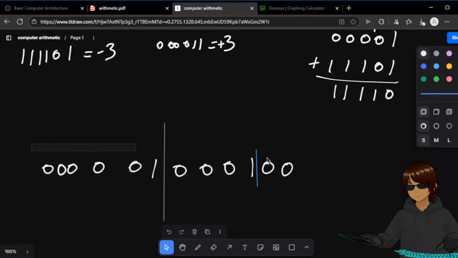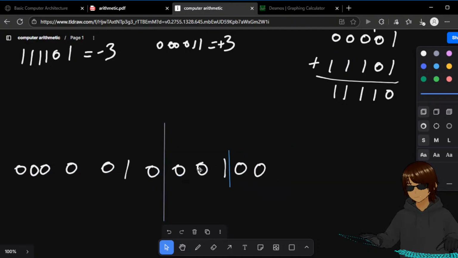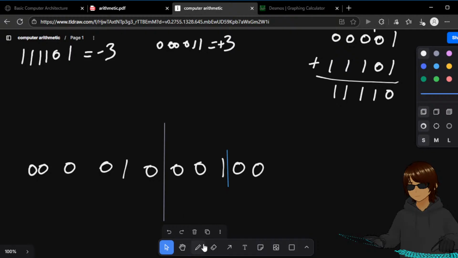We shift it again. 2 minus 3 is a negative, so nothing happens, right? One, two, three, four, five, six. Okay, then we shift it again.